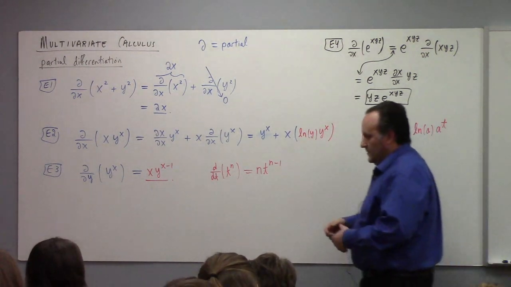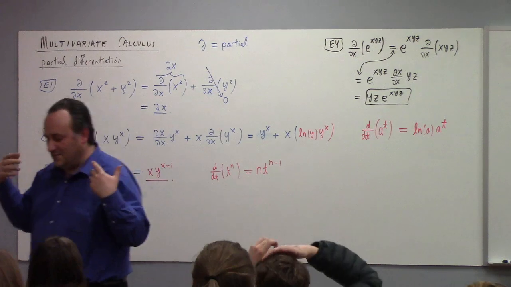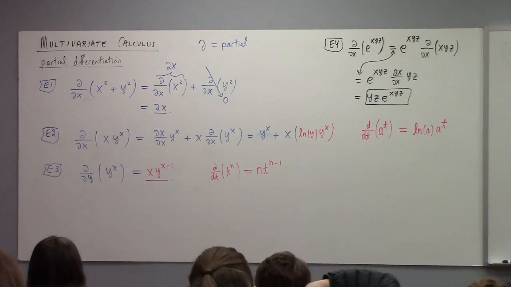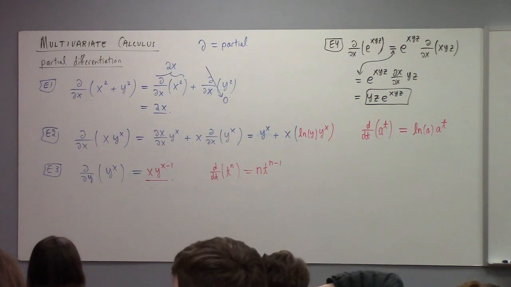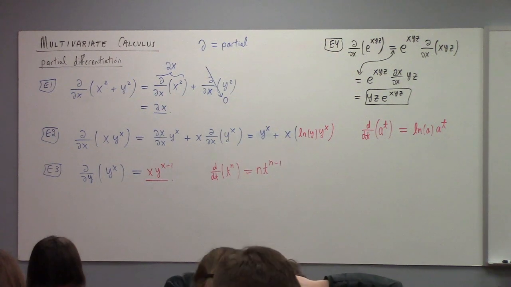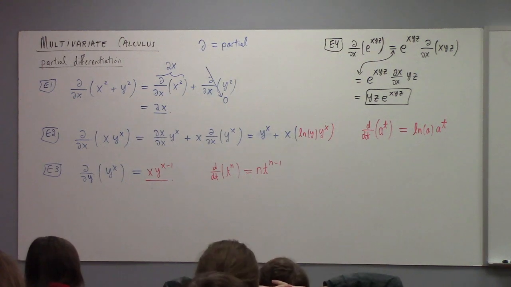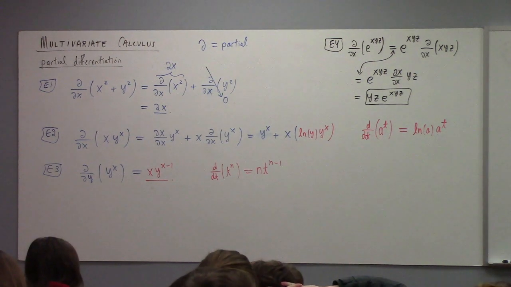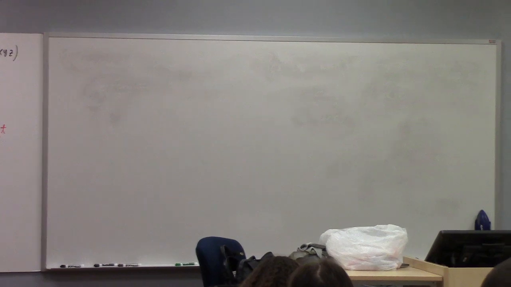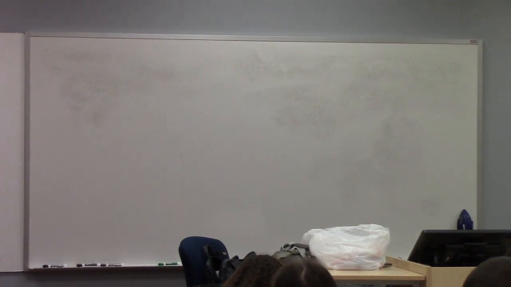So I think if you search your heart, you'll realize you already know how to do this. We do this in Calculus 1 already, right? Sometimes we ask you to differentiate with respect to a rather than x, where a is the variable. You've seen these problems, even in Calc 1. They have x to the a, calculate the derivative with respect to x, or calculate the derivative with respect to a.